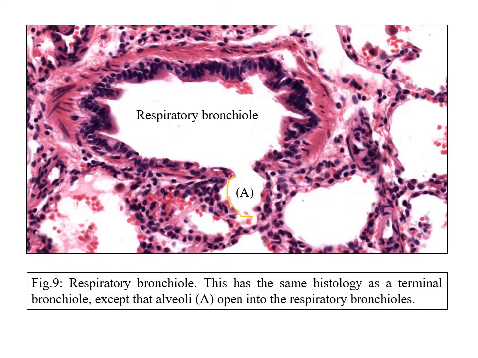So here we have an alveolus opening into this respiratory bronchiole. This is the main difference. This is why respiratory bronchioles are part of the respiratory zone of the respiratory system, whereas the terminal bronchioles are part of the conducting zone.